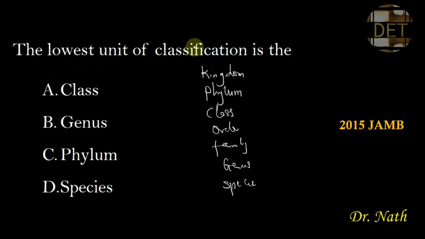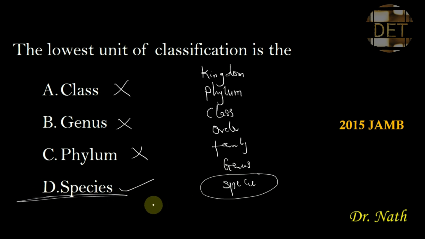So the lowest unit of classification is the. Is it the class? No. Is it the genus? No. Is it the phylum? No. Is it the species? Yes. Where we have the least number of organisms is in the species. So the lowest, the least unit of classification is actually the species. So this is the correct answer to this 2015 JAM question.